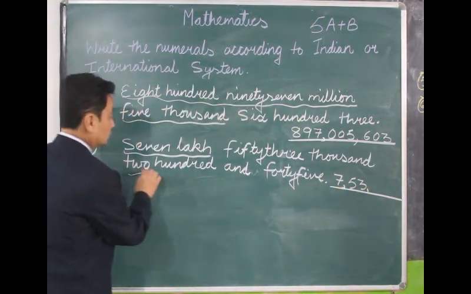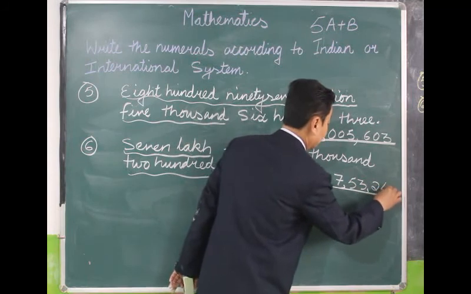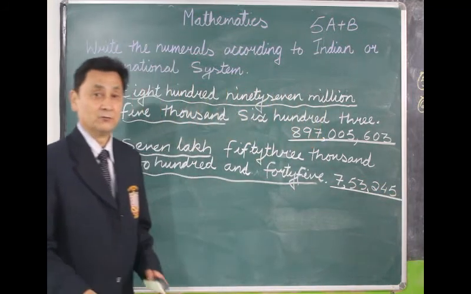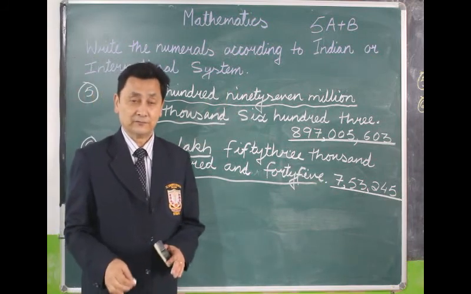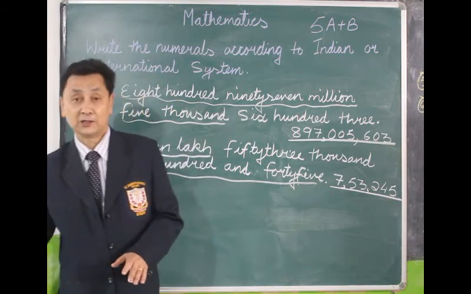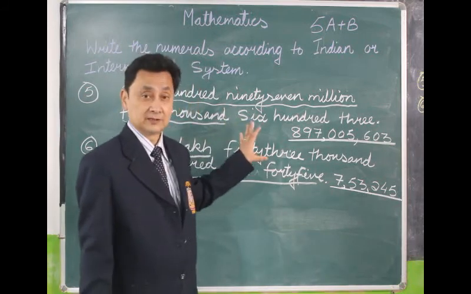Then 245. 245. I know most of you have understood. For those who have not understood, go back, re-look at the video and try and understand, because we have done this before.